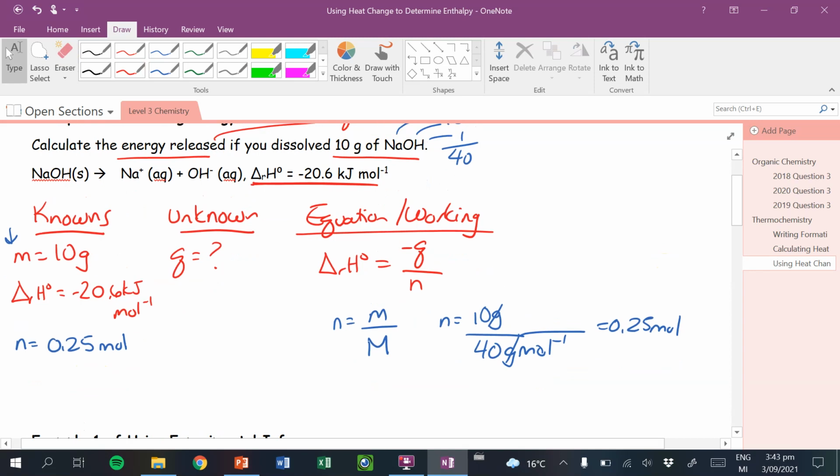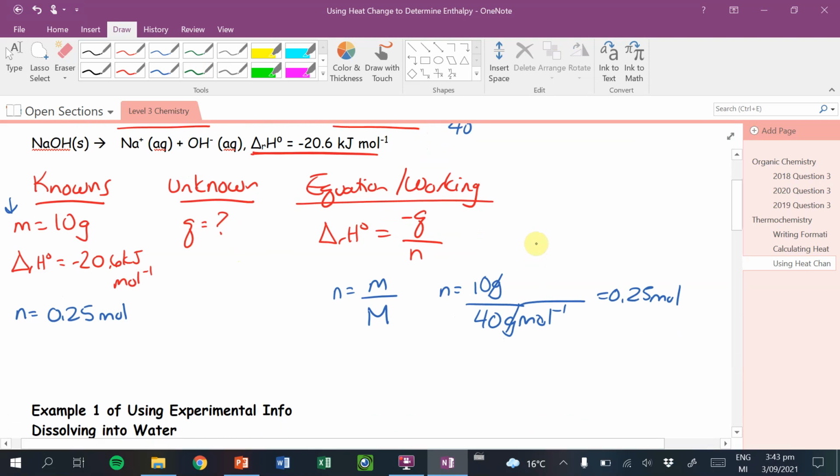Next part of the equation then is that I want to find my Q value. We do want to find that Q value today. So we are going to be rearranging this equation to solve for that. You can either rearrange the equation to start with, or you can plug in your numbers and then rearrange it.